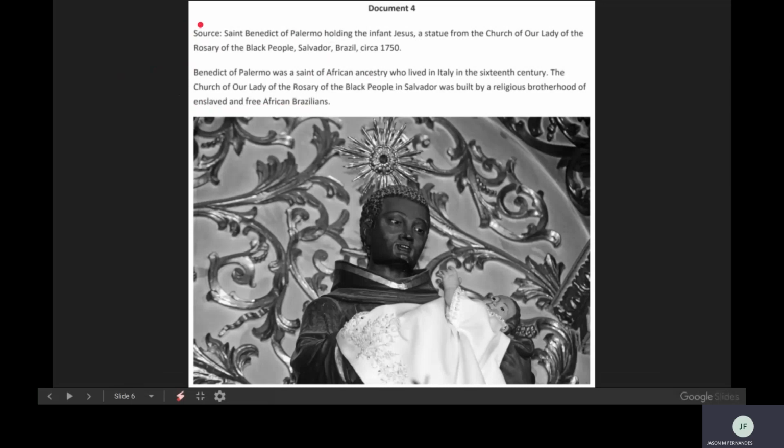However, when I look at these 5 documents, this one stands out as something that doesn't exactly fit into the argument we've been making, which has tended to focus on the relationship between Spanish, or maybe we should say European, Christianity and indigenous peoples in the Americas. More Native Americans.